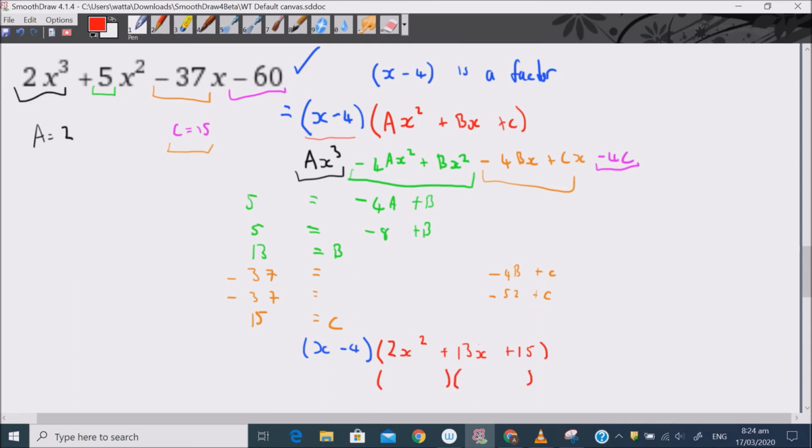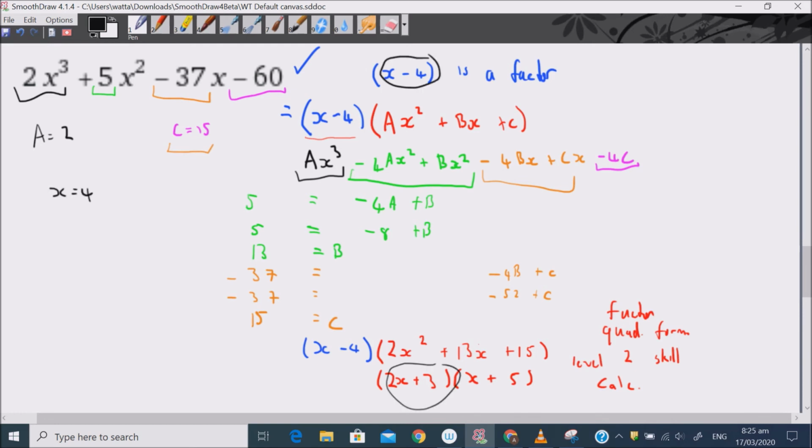I can factorize it, but this is a level 2 skill, so I could use the quadratic formula, or I could just use my calculator, because you don't get a mark for it. It's only a level 2 skill. So by just factorizing it here, you can see my other two answers. By solving that, I get x is 4, which I guessed, from this one x is equal to negative 3 over 2, and x is equal to negative 5. That's my three factors.